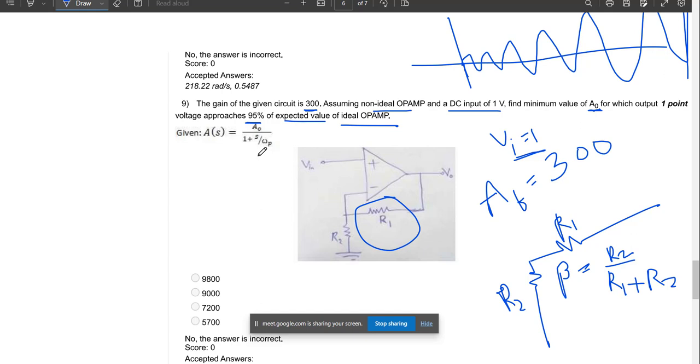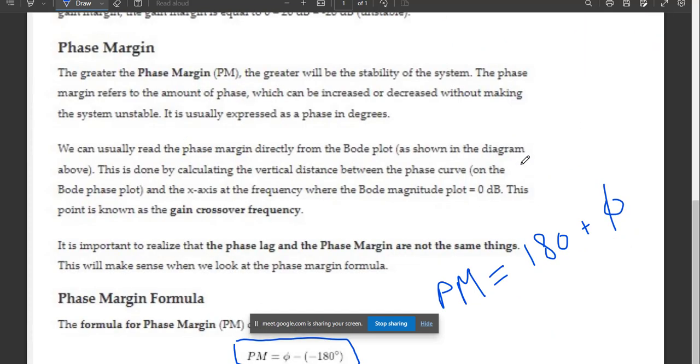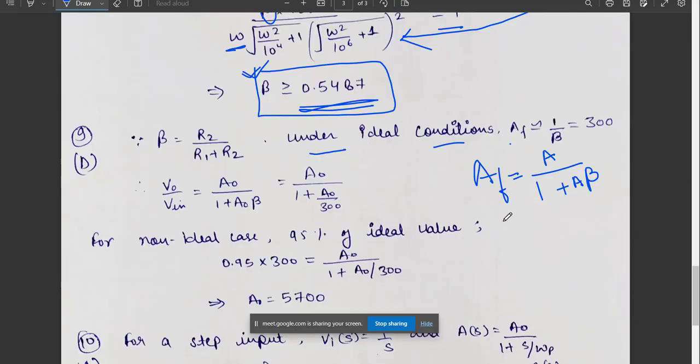Under ideal conditions, what are we taking? We are taking the open loop system gain equal to 1, and AF will be 1 upon 1 plus beta.